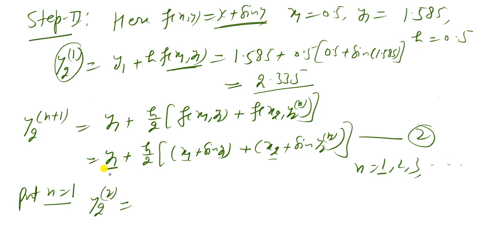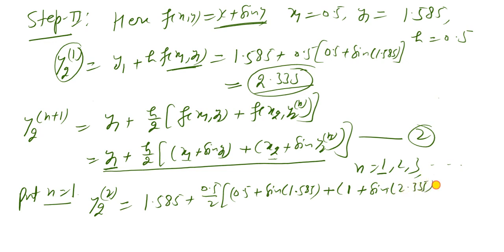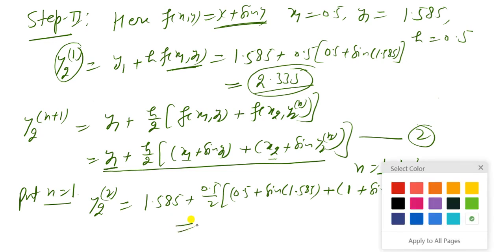y22 is equal to y1, this expression, y1 is 1.585, h is 0.5 upon 2, x1 is 0.5 plus sin y1 is 1.585 plus x2 is 1, sin y21 is this one, 2.335 and simplify this with the help of the calculator.